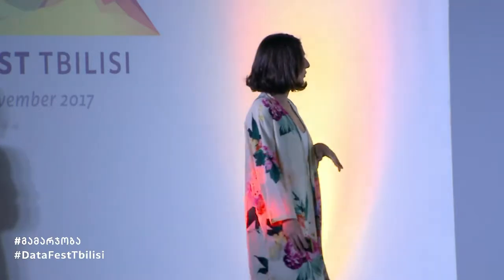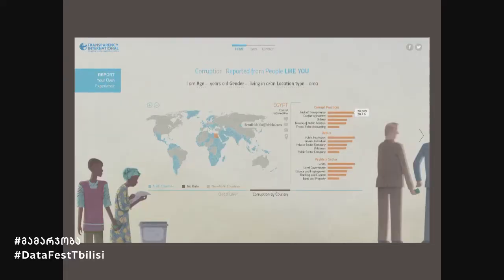And I want to tell you a couple more words about interactive visualizations and how interactive visualizations give us the possibility to personalize the data.